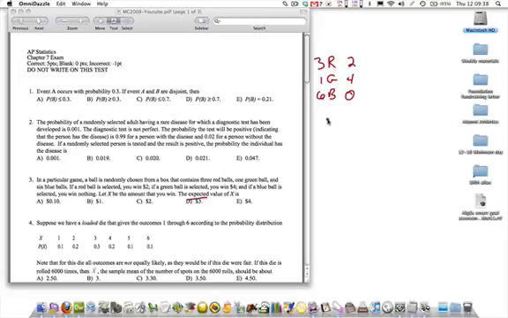The probability of getting a red ball is 3/10. Let me do it this way. Red, green, blue. $2, $4, $0. The probability of a red ball is 3/10. The probability of a green ball is 1/10, and the probability of a blue ball is 6/10.